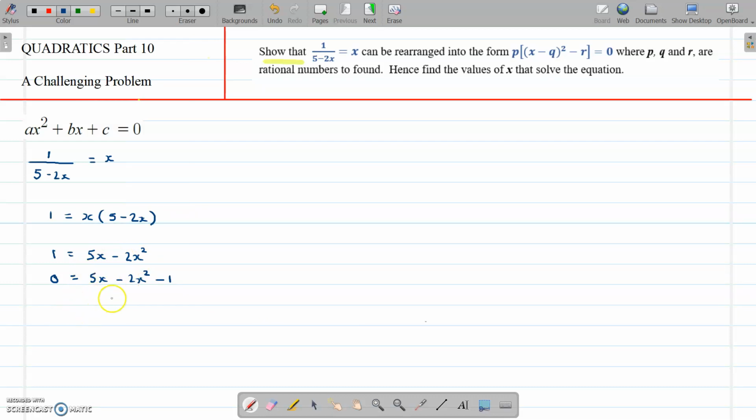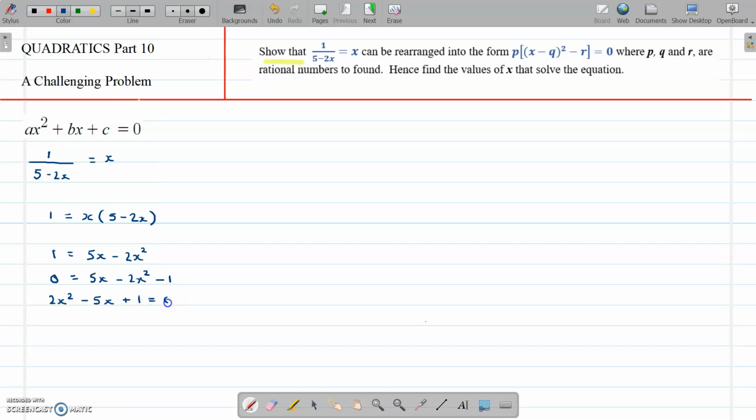So what I'm going to do is I'm going to multiply both sides by -1 and put this to the left. So basically everything that's negative here becomes positive and vice versa. So I can say that 2x squared minus 5x plus 1 equals 0.